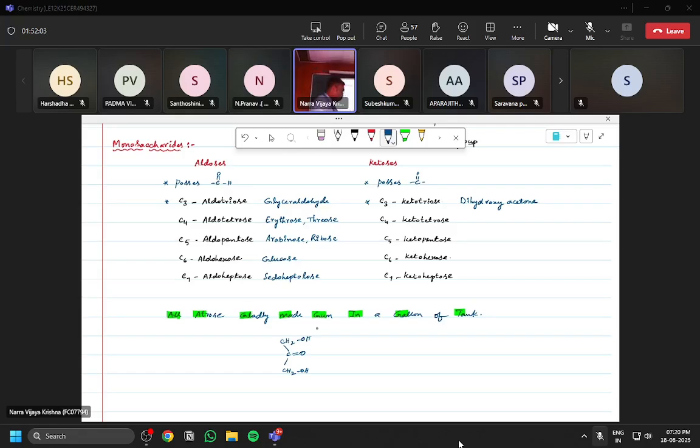If we have one more carbon, ketotetrose, ketopentose, and so on. Example of ketotetrose: erythrulose. Then ribulose, fructose, pseudoheptulose. So these are all examples of ketoses.